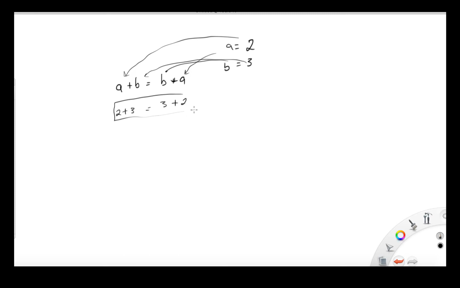In other words, 5, if I did the answer, it would be 5 is equal to 5. This is commutative property of addition. I'm going to put this as a label of CPA. So I have something plus something equals something plus something. Commutative property of addition. Okay?